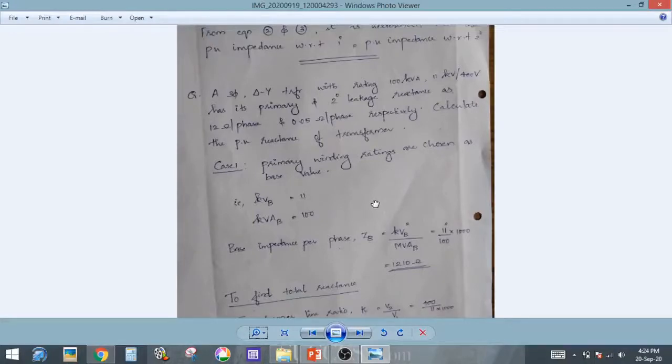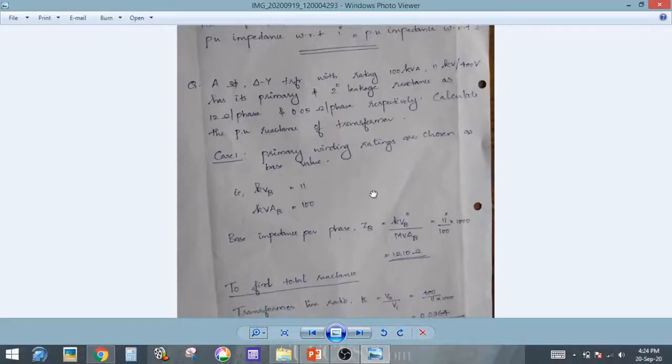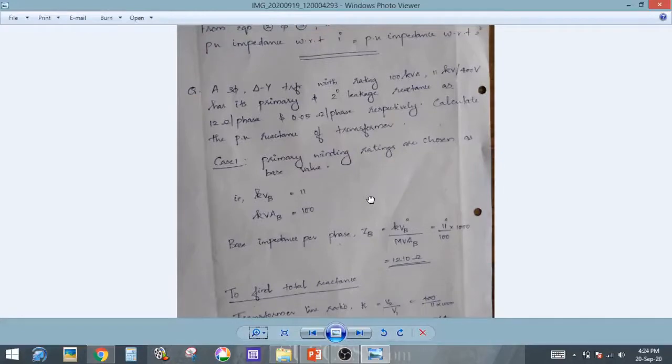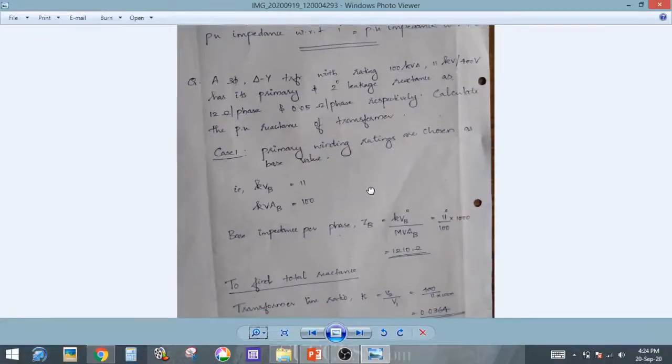First of all, we have to choose a voltage rating as base voltage and a power rating as base power, that is base kV and base kVA. So this is the first step. Here base kV equal to 11 kV and base kVA equal to 100 kVA.